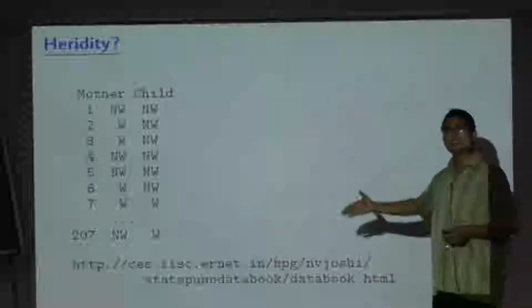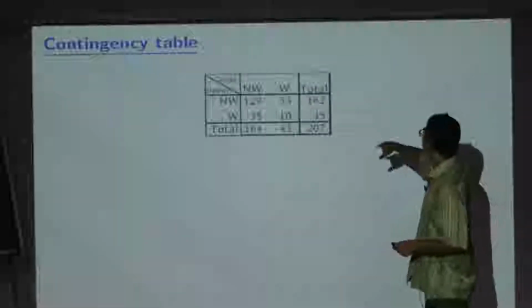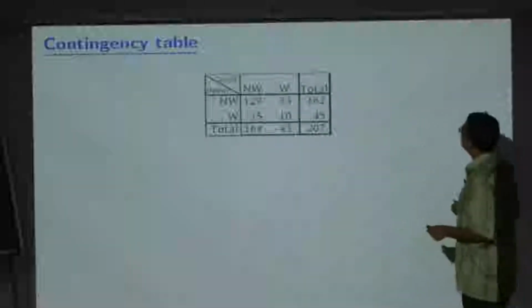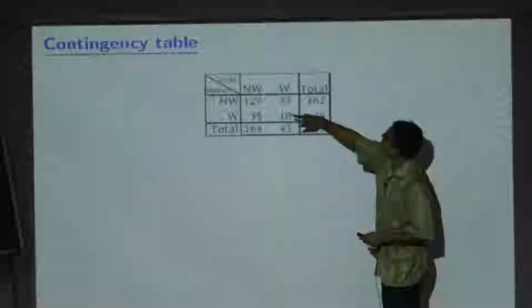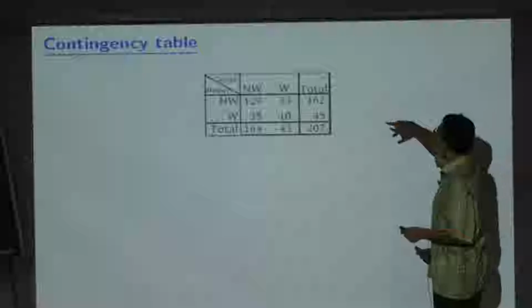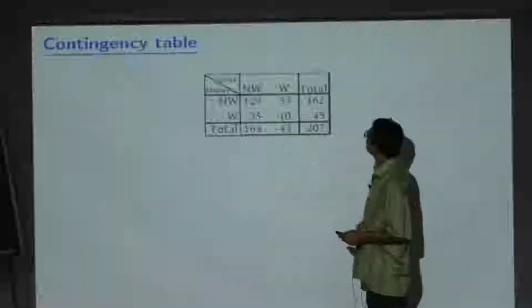Now, just by looking at such a table, it is very difficult to get any meaningful information. So we naturally represent this as what is called a contingency table. So here we have a 2 by 2 table. I have got 207 families. Out of them, 162 mothers did not have whorl, 45 had whorls, and out of the children, 164 and 43.